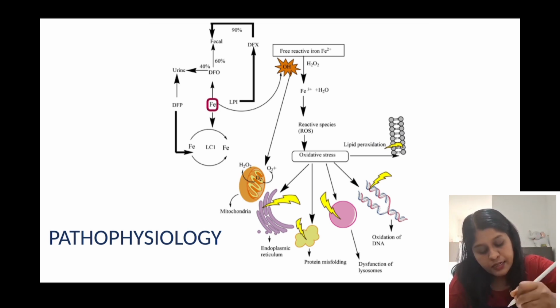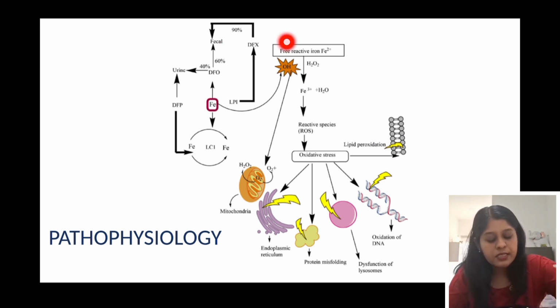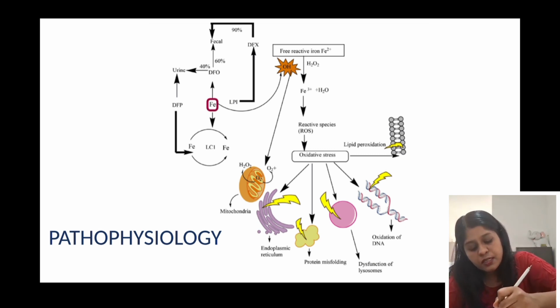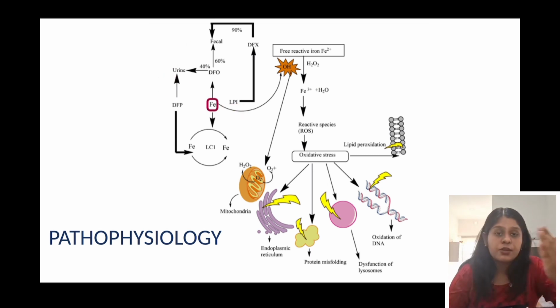Free reactive iron causes reactive oxygen species, causing oxidative stress to the endoplasmic reticulum and mitochondria, leading to protein misfolding and oxidative damage. Chelation, in turn, sends the free iron out through urine and excretes it from the body.